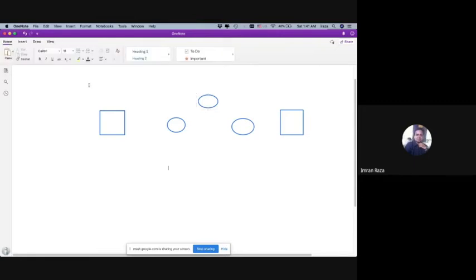So this machine A is connected to, say, router R1. I'll label it in a minute. And say this router is connected to R2, and R2 is connected to, say, R3.